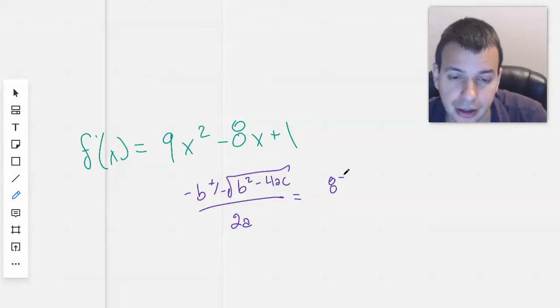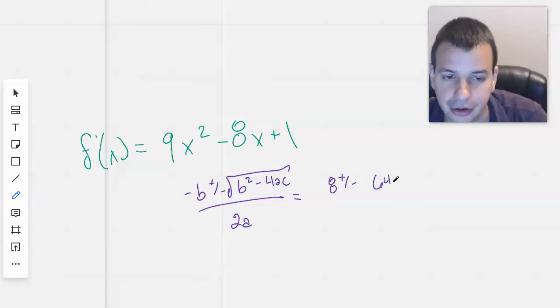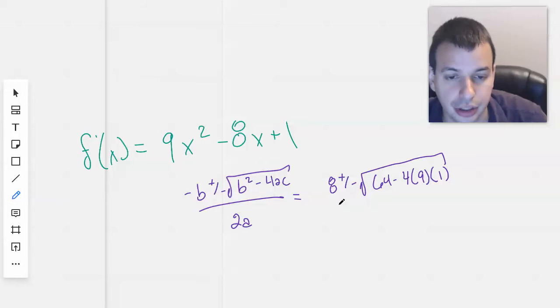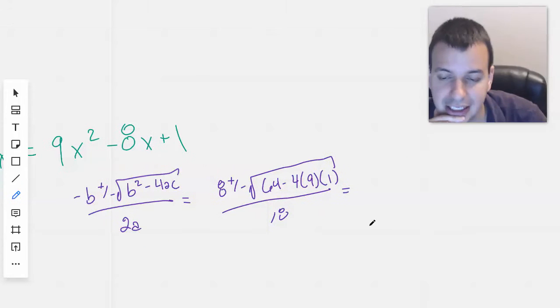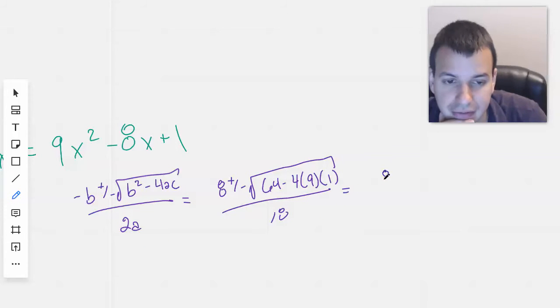So 8 plus or minus the square root of b squared, which is 64, minus 4 times 9 times 1, all over 2 times a, which is 18. 2 times 9 is 18. We then have 8 plus or minus, let's say we have 64 minus 36.